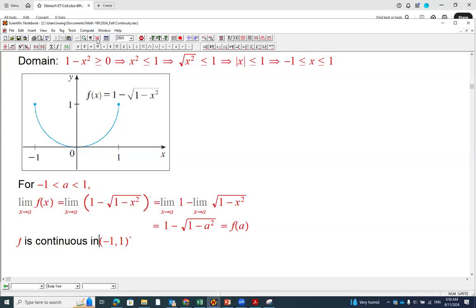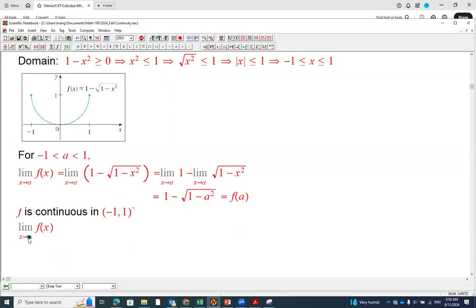This is demonstrated. And next, we need to demonstrate, right? On the -1 side, it is continuous from the right. On the 1 side, it is continuous from the left. So we're going to consider these two limits. This limit, okay, let me make it smaller.